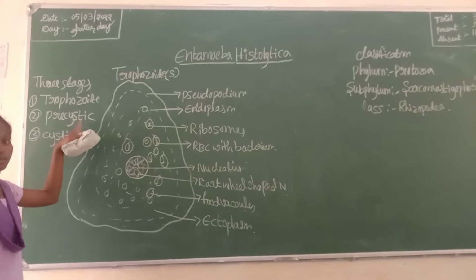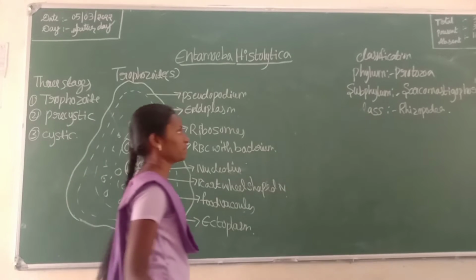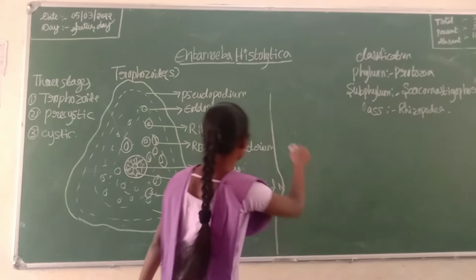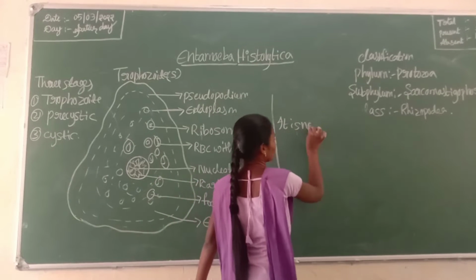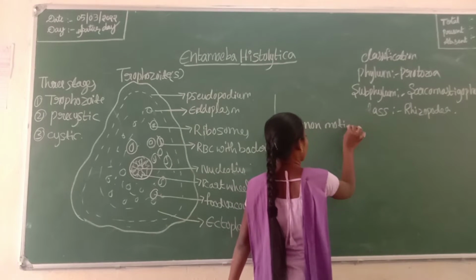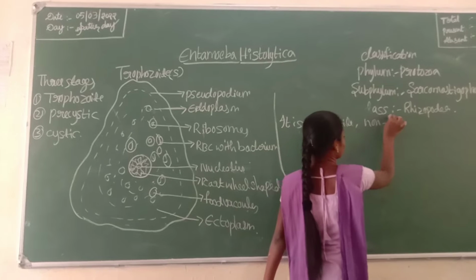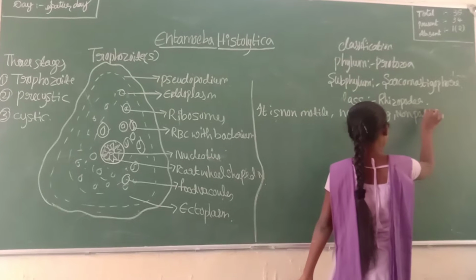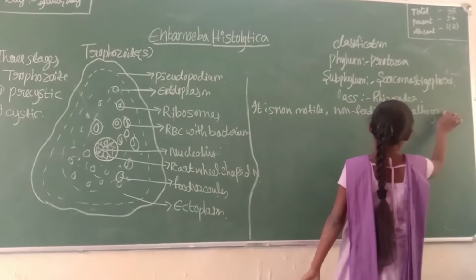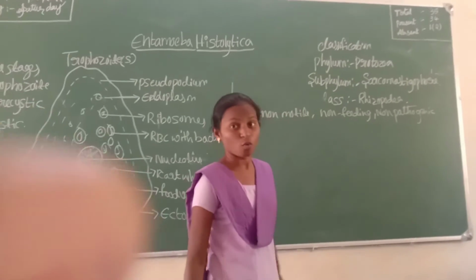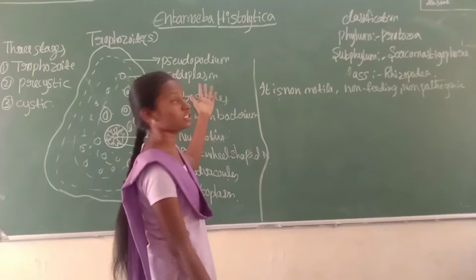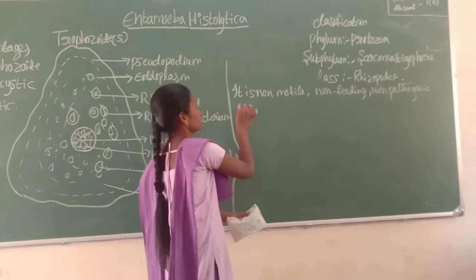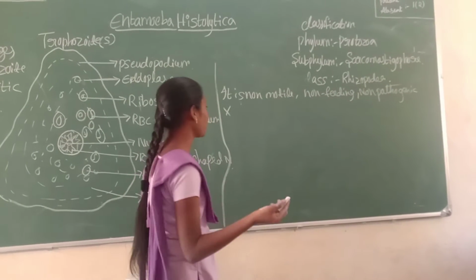Secondly, we discuss the precystic stage. This is the opposite of the trophozoite stage. The precystic stage is non-motile, non-feeding, and non-pathogenic. Why? Because the disease has already entered the man through the trophozoite stage.